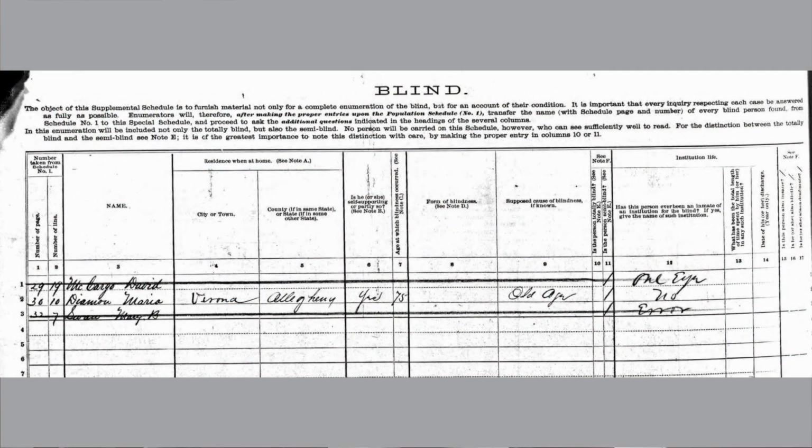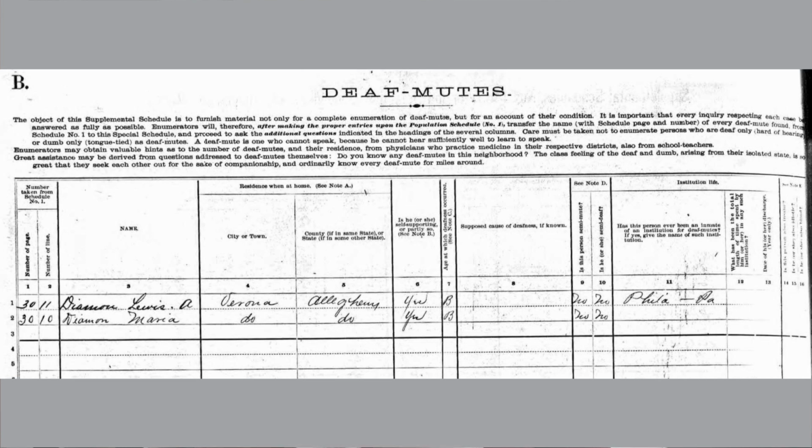When we follow up and look on that special 1880 schedule, we see that Maria is listed as blind, which occurred at age 75, caused by old age. Lewis is listed on the deaf schedule as being deaf since birth, and that he attended the Pennsylvania Institute in Philadelphia. That's another clue. We can follow up maybe with school records.